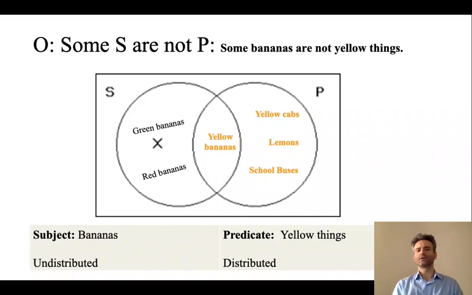How many yellow things are not members of bananas? Well, 0. They are all members of bananas. All yellow things are members of bananas. And all yellow things are members of yellow things. Consequently, the predicate term is distributed.